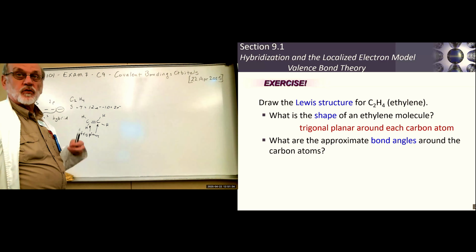Okay. Well, what happened to this orbital? Well, if we look at it this way, and we've overlapped, with our 120 degrees here, trigonal planar, then we can get an overlap like this, and then this is for the hydrogens with their overlaps. Getting kind of busy. And then you have the unused p orbital, these p orbitals here.